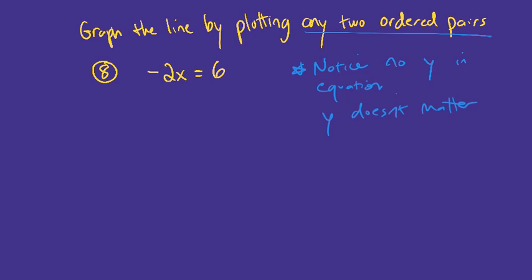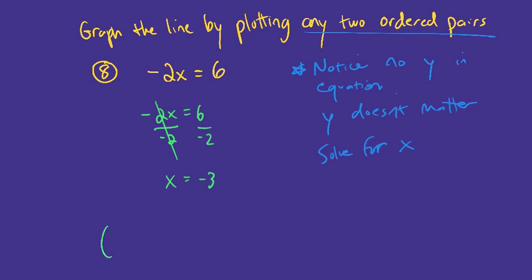So our y can be 7, it can be 3, it can be whatever, but we do need to solve for x. Y doesn't matter, solve for x. So on this one, we got negative 2x equals 6. If we want to get x by itself, we're going to divide by negative 2. And we end up with x equals negative 3.